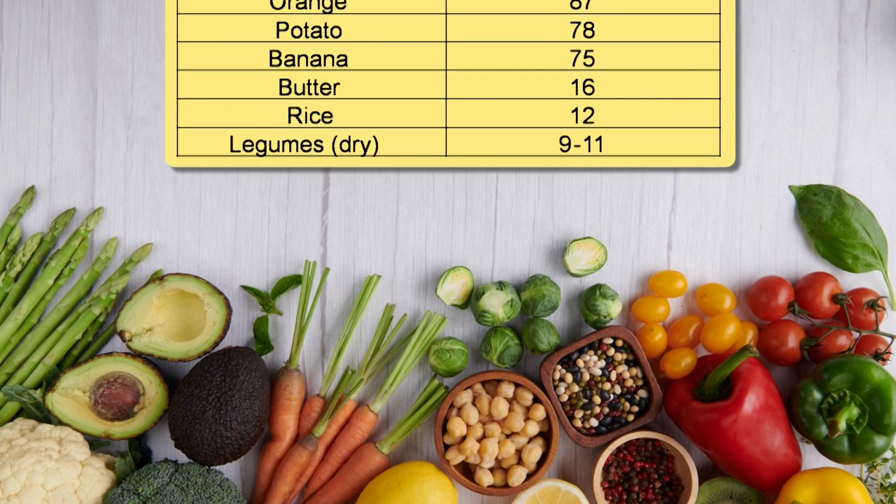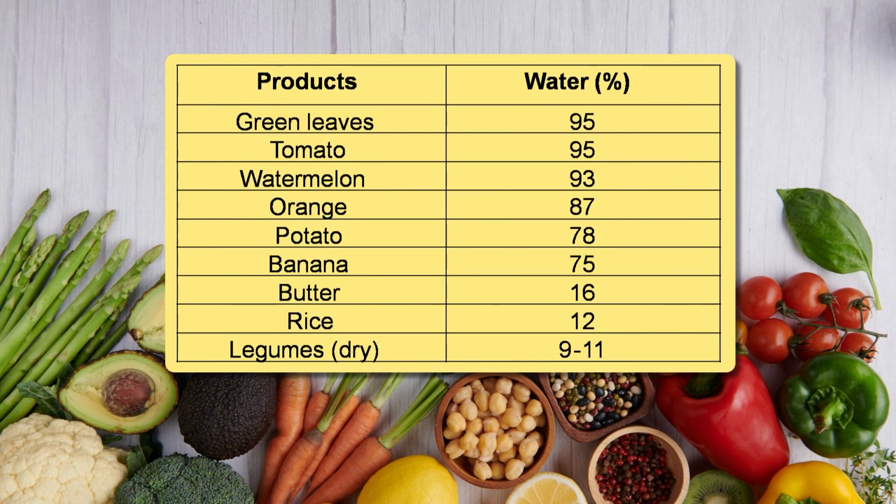Now, to give you an example of how much water is there in percentage: green leaves contain 95%, tomato is also 95%, potato is 78%, rice is 12%, and legumes 9 to 11%. Because of this only, legumes and rice with low water percentage have a longer shelf life.